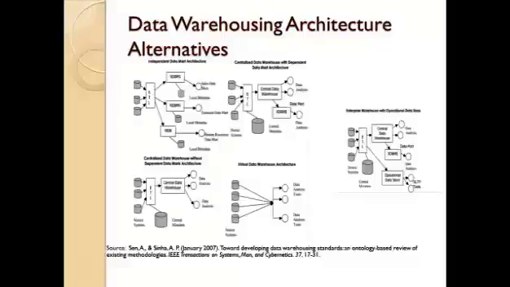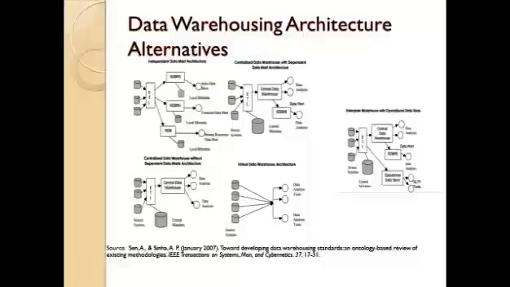So you have huge amounts of data to be included. As a result, some companies decided to forgo the data warehouse and go with small data marts instead. So that's why you have the independent data marts in the upper left-hand corner.